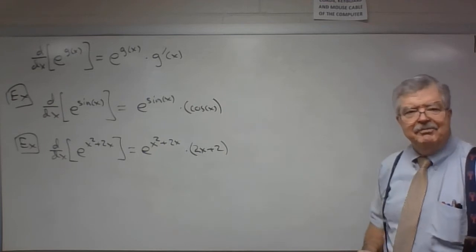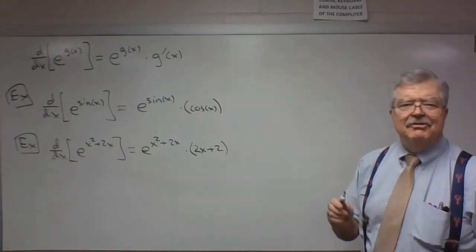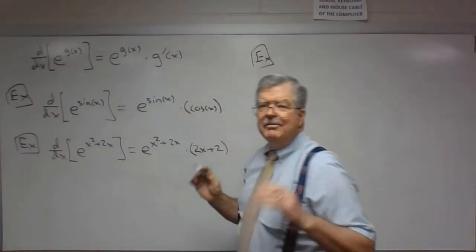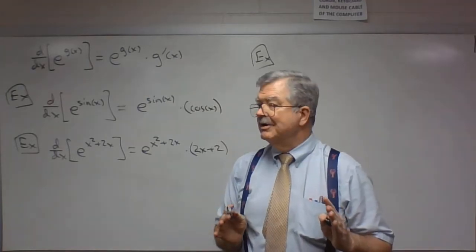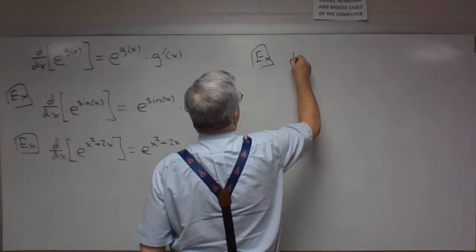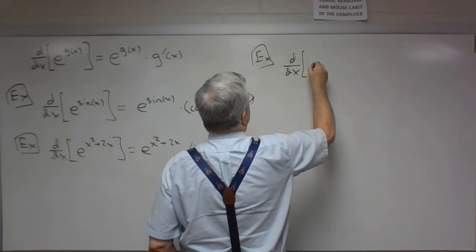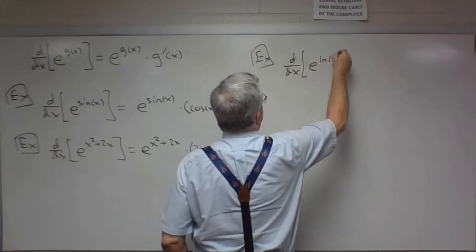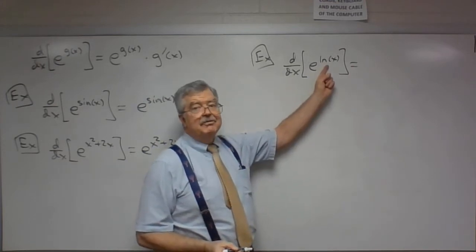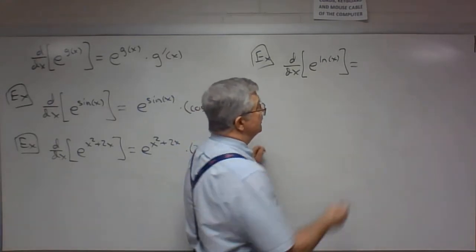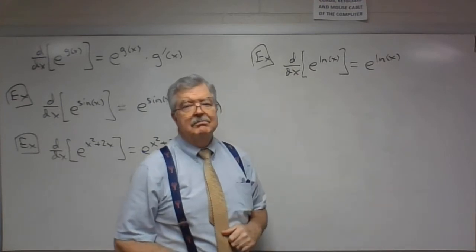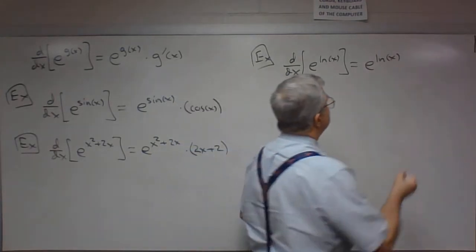Let's try a somewhat pathological exercise, just to make sure that all the rules that we're learning about logarithms and exponentials are consistent. The derivative of e raised to the power of natural log of x is e raised to the power of natural log of x times the derivative of the exponent.